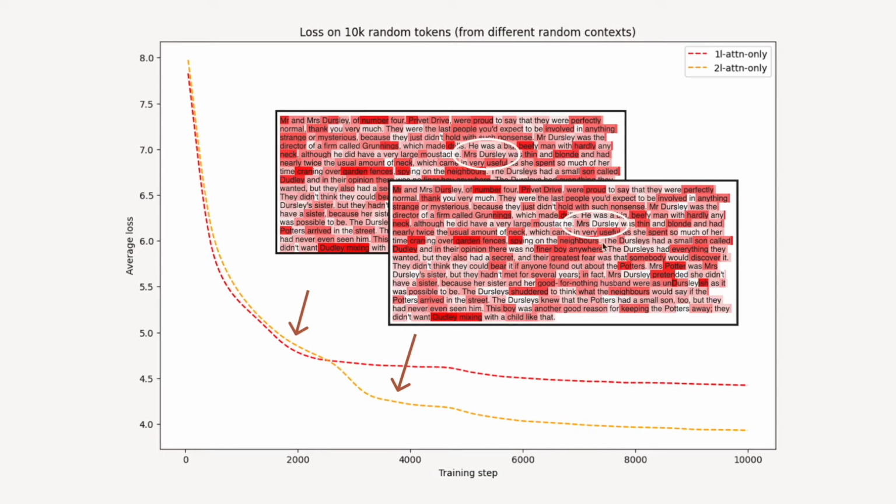I'll call out just briefly that this phrase Mrs. Dursley, which is one of the most common repeated phrases in this demo text, the lighter color here in this case is lower loss, so the model after the bump is visibly doing better at this repeated token sequence than it was before. But I won't linger here.